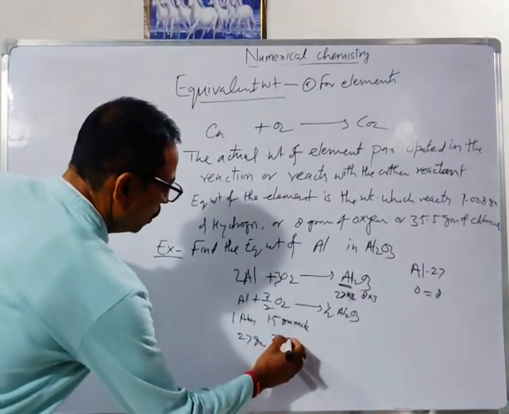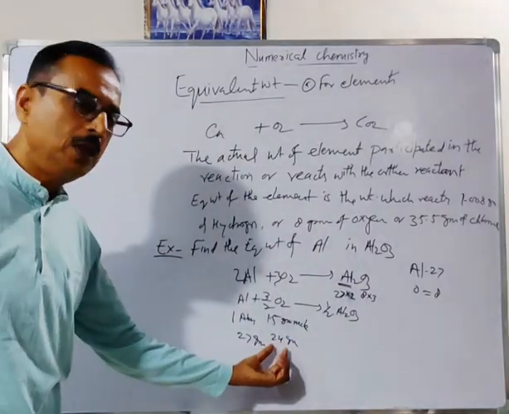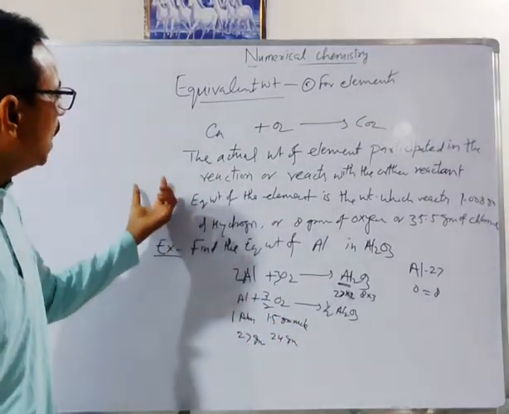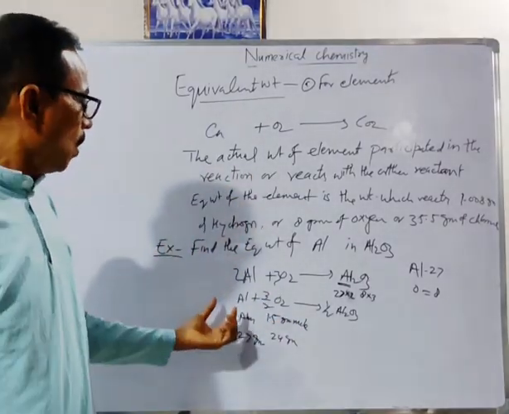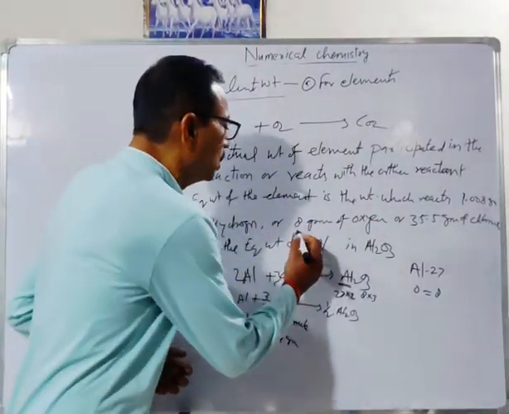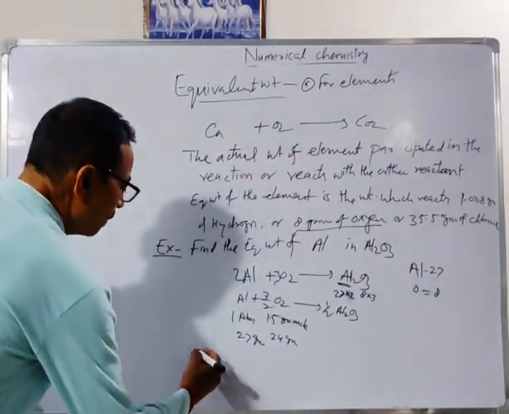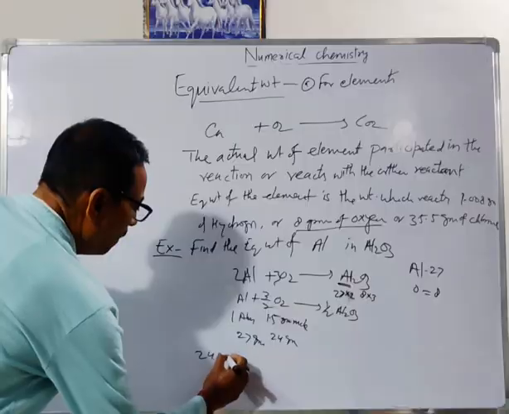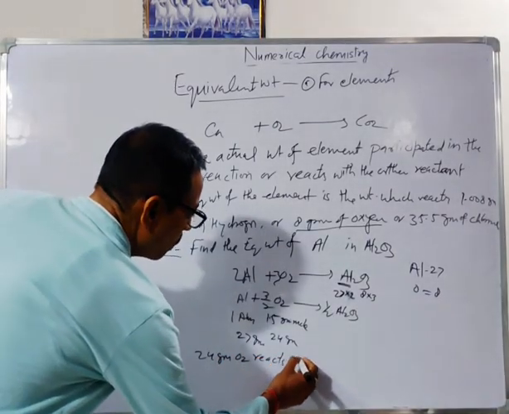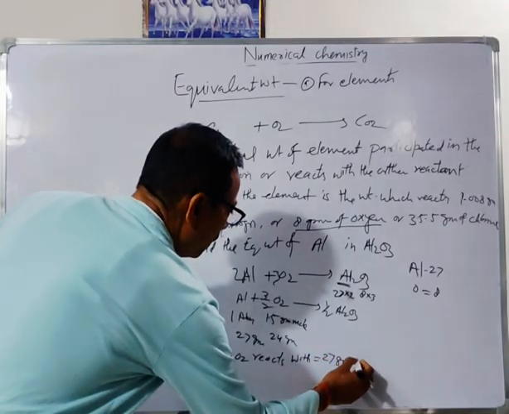It means 27 gram of aluminum reacts with 24 gram of oxygen, and as per the definition of equivalent weight, the weight of an element which reacts with 8 gram of oxygen is the equivalent weight of the element. So here 24 gram oxygen reacts with 27 gram aluminum.